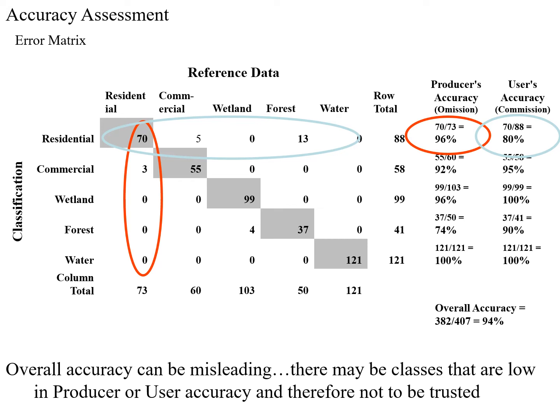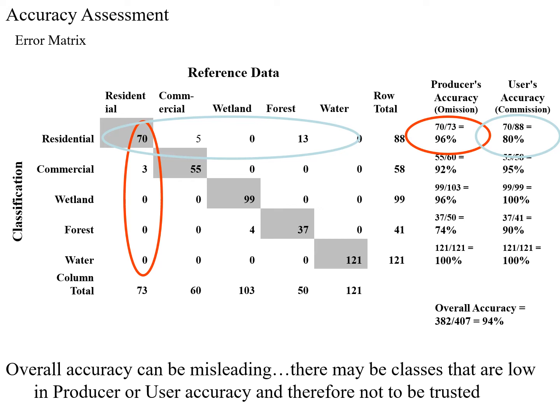Some classes are easy to get. Water is easy to get. In this case, water has 100% user's accuracy and 100% producer's accuracy. Well, great. I don't care, because I know water is really easy to get, and it's probably not the most important thing. If I just wanted a map of water, I would have just made a map of water.